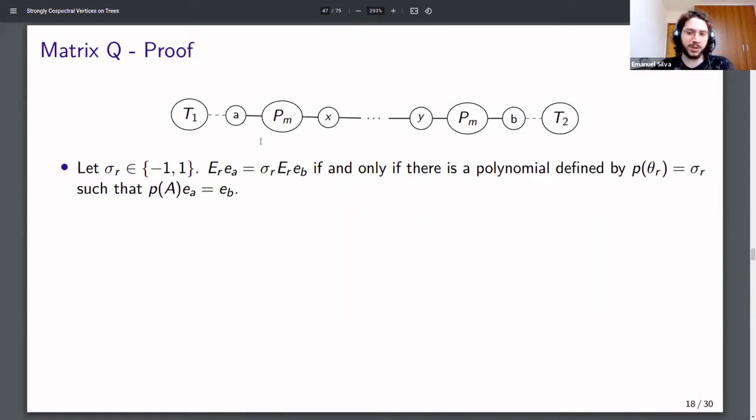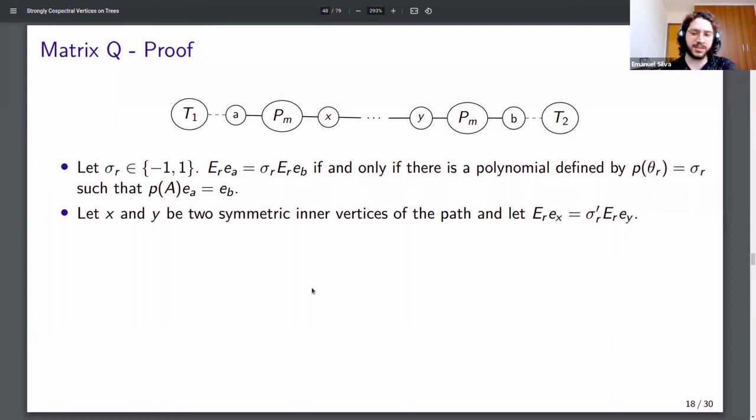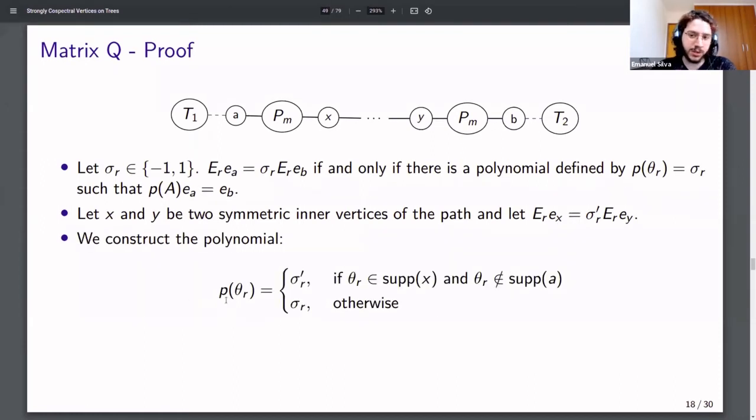We know that this equality holds because A and B are strongly cospectral. And let X and Y be the two vertices of the graph. Let sigma r prime be the sign of the mapping from column X to column Y. So sigma r is the sign related to A and B, and sigma r prime is the sign related to vertices X and Y. We're going to construct this polynomial as follows.